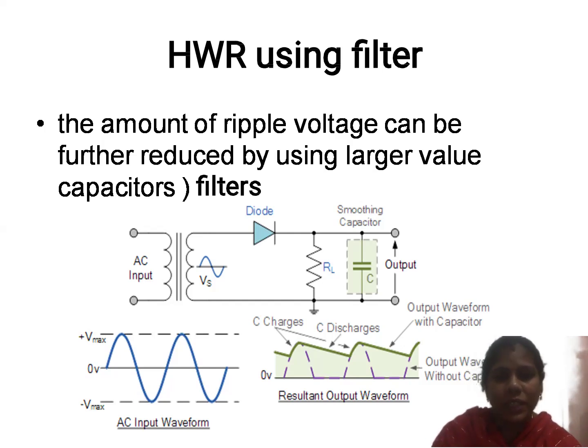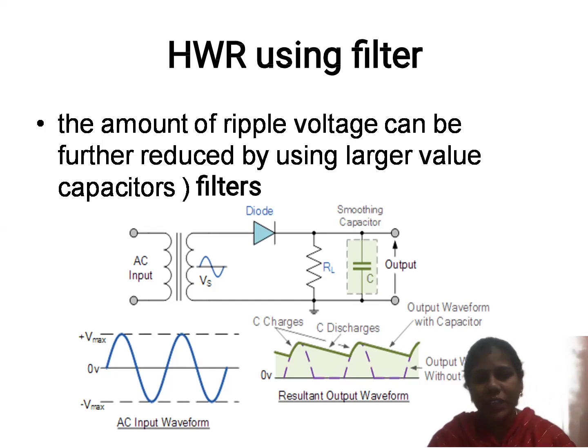That is, the charging and discharging of the capacitor removes the unwanted ripples present in the output. This is possible with the help of a capacitor called a smoothing capacitor. So the filter is a capacitor.